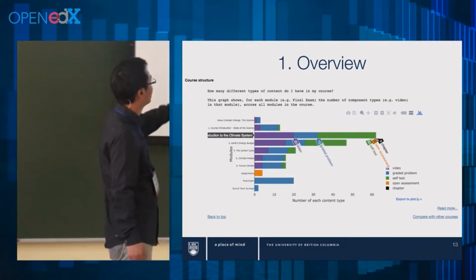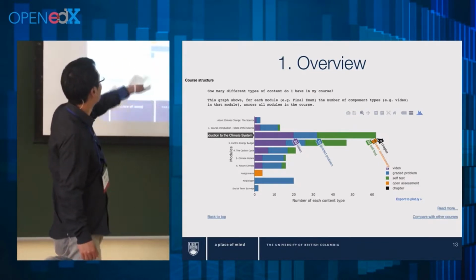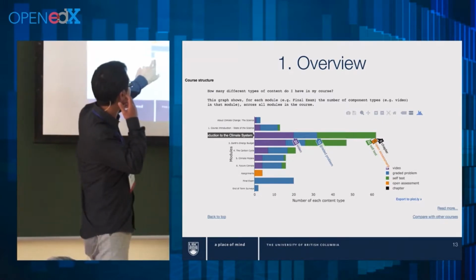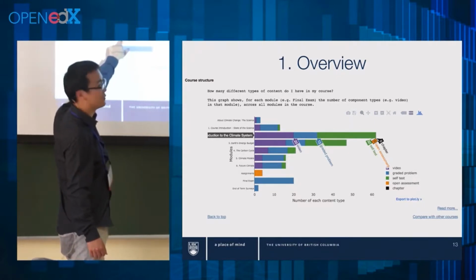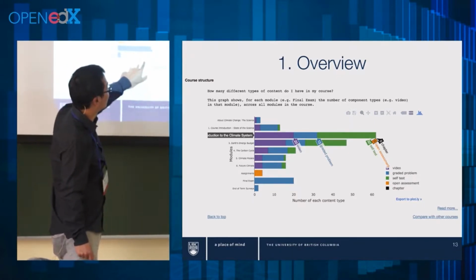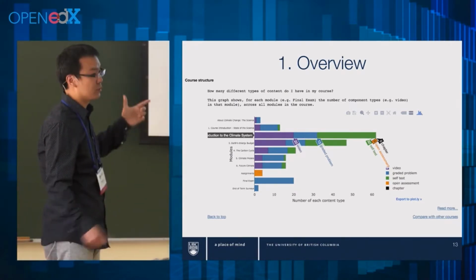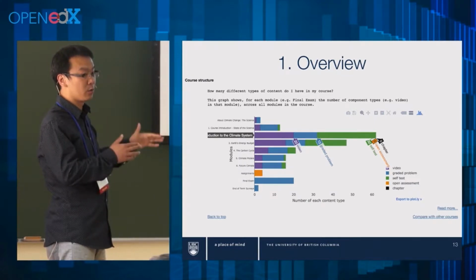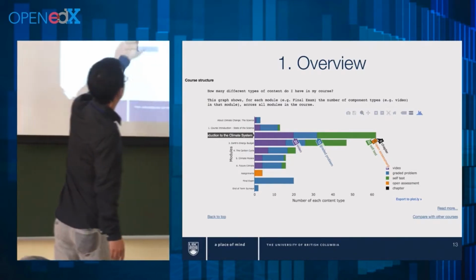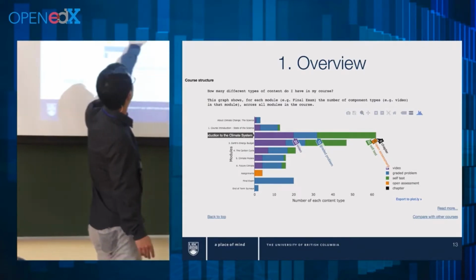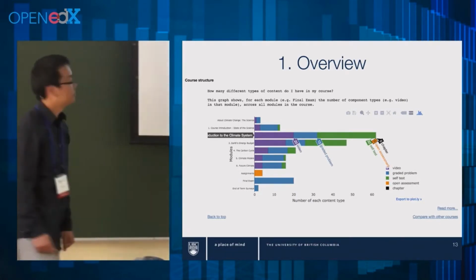You will see the different modules listed in the course, and in each module you will see different components. For example, purple shows the video, blue shows the graded problem, etc. So you can easily see what kinds of components are in each module. If you hover over each bar, you will see the detailed numbers: 20 videos, 12 graded problems.